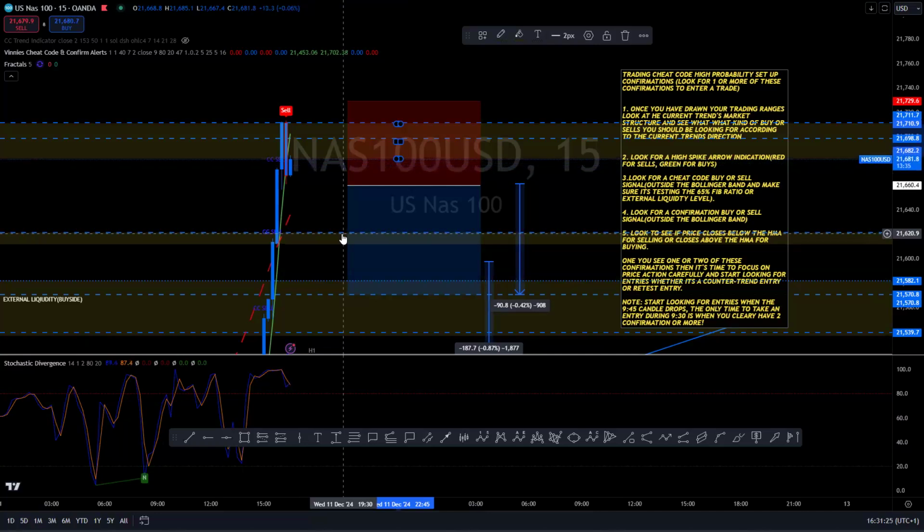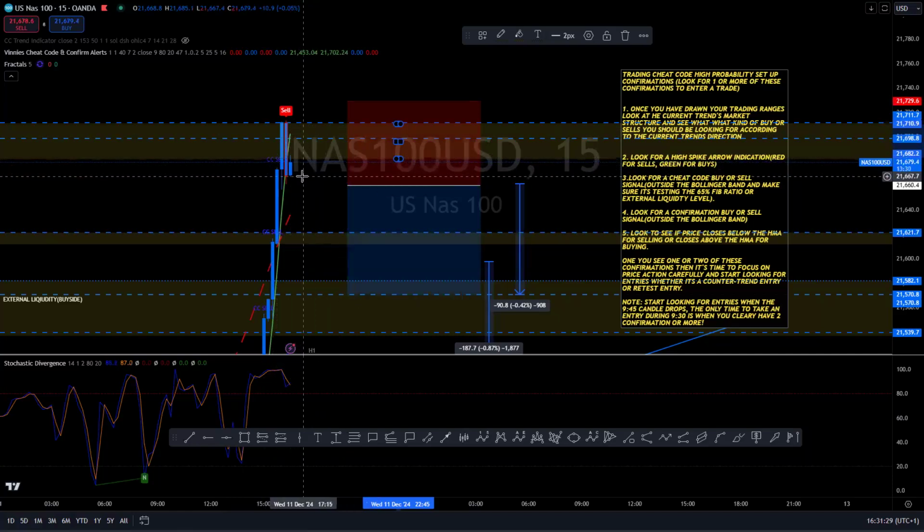It's technically below the HMA. The HMA is a tiny area, but it's below the HMA at this point too.